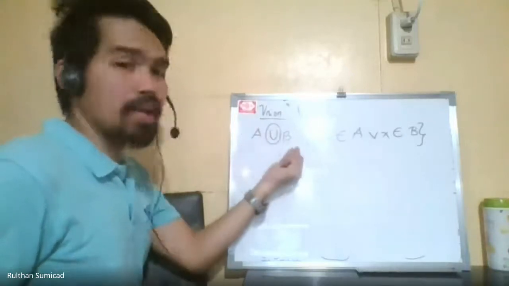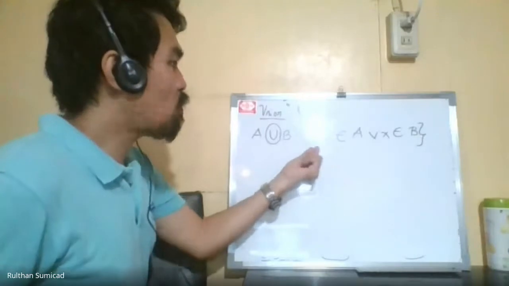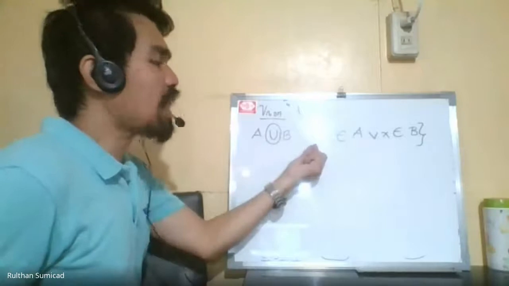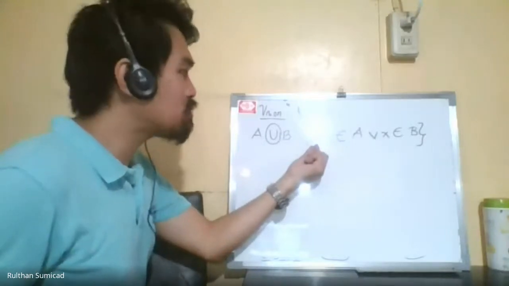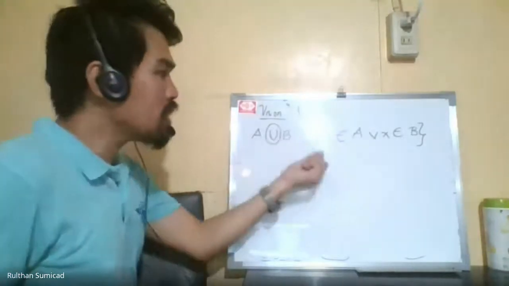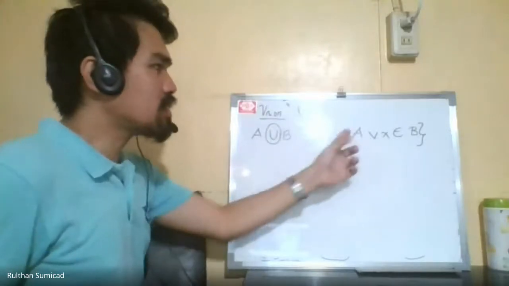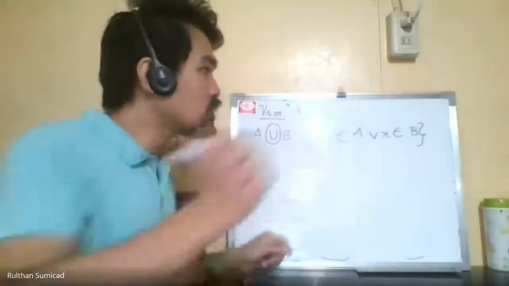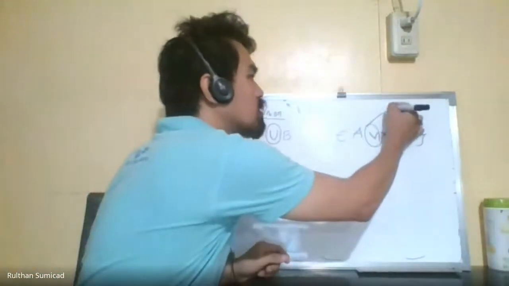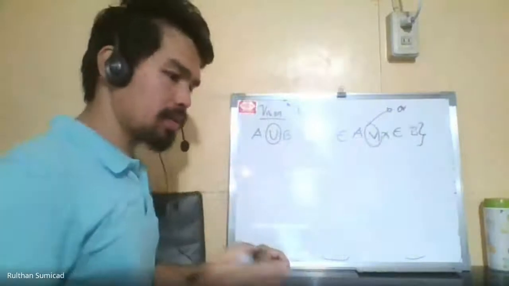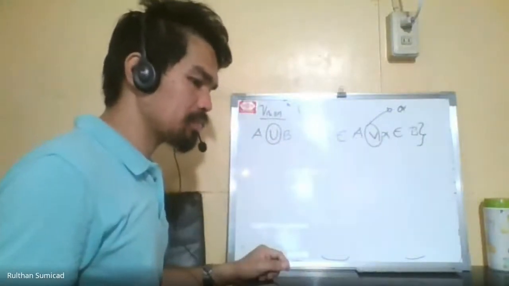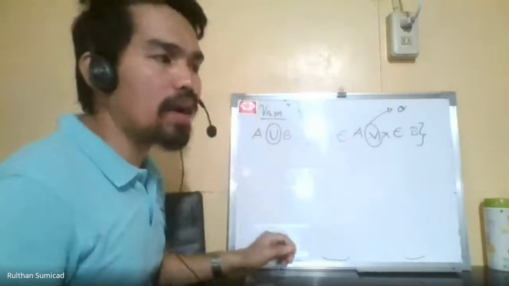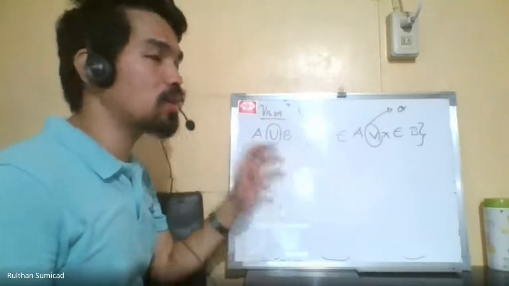We have set A and we have set B. When you have it in this form, the meaning of A union B implies that you have a set containing x, where x is an arbitrary element found in either A or B, such that x is an element of A or x is an element of B. Take note of this symbol. This is read as "or", because the term "or" connotes addition or union of sets.